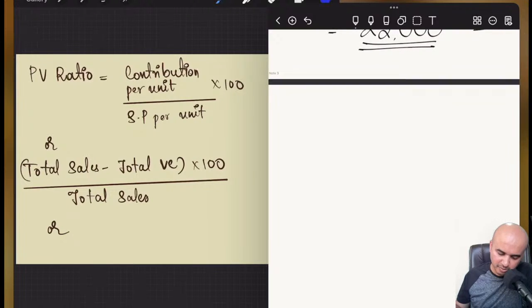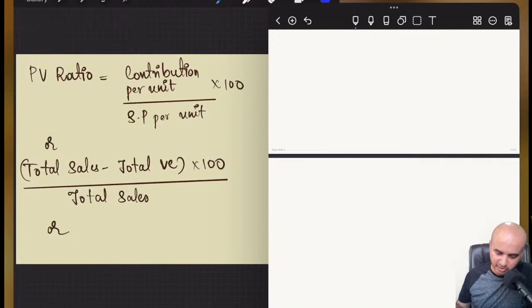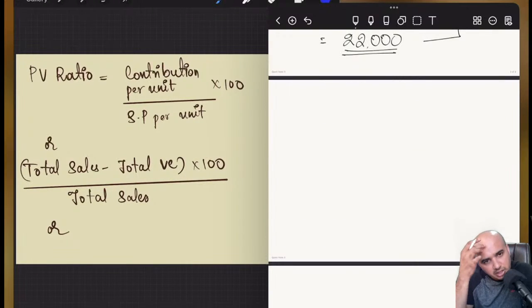Okay, this is the PV ratio, per unit PV ratio. Sometimes what happens in the exam, they will not give you the sales value, but instead they will give you per unit prices. For example, sale value per unit, variable cost per unit, then contribution per unit will be automatically calculated. In such a circumstance, what to do?